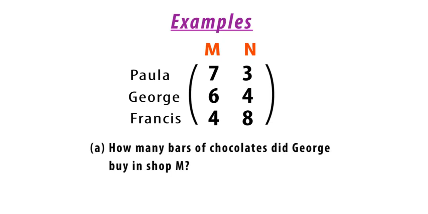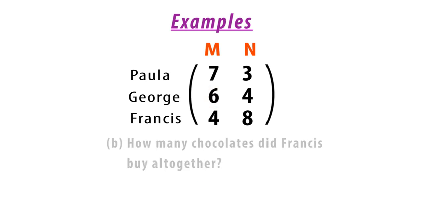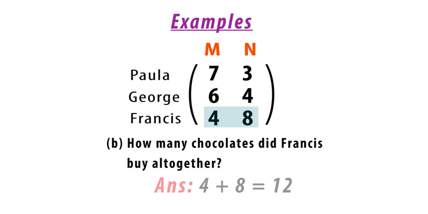A, how many bars of chocolates did George buy in shop M? The answer is 6. Good. B, how many chocolates did Francis buy all together? The answer is 12.